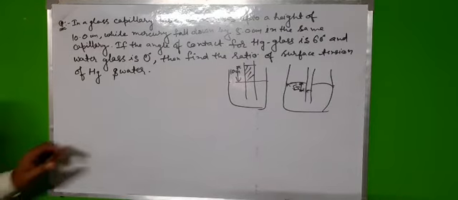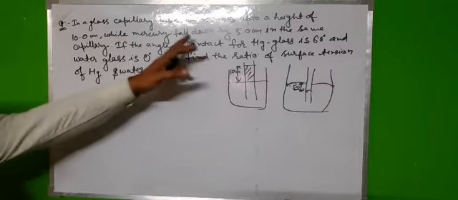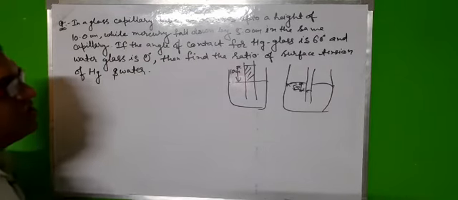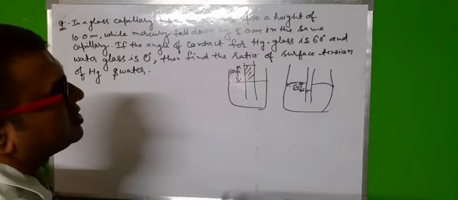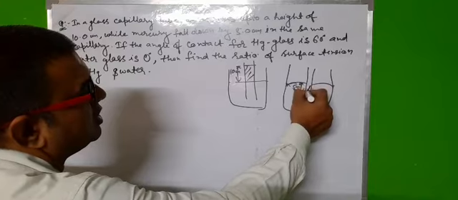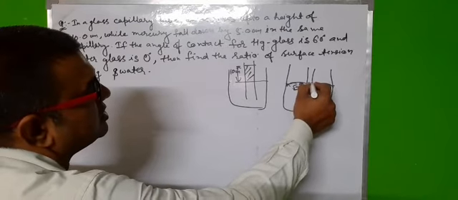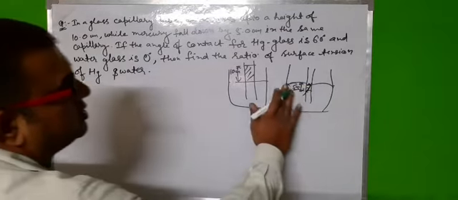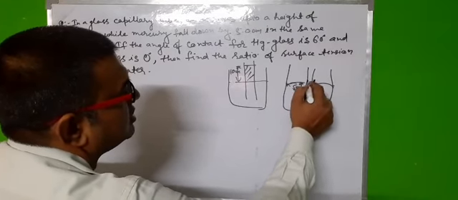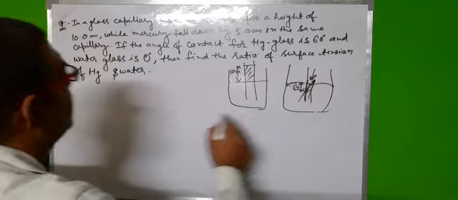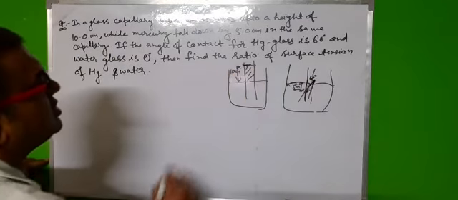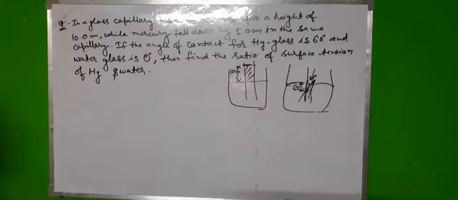If the angle of contact of Hg-glass is 60 degree, and water-glass is 0 degree, then find out the ratio of surface tension.